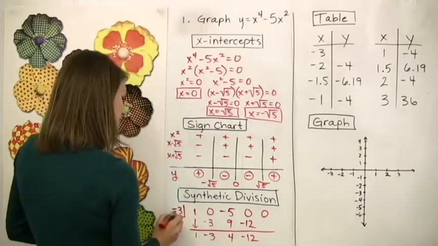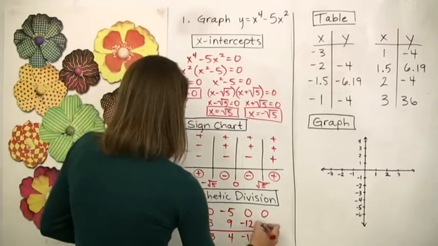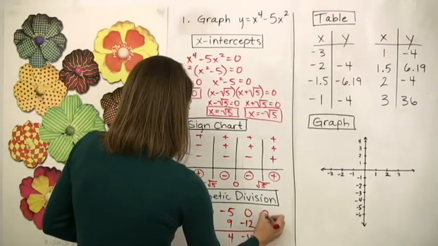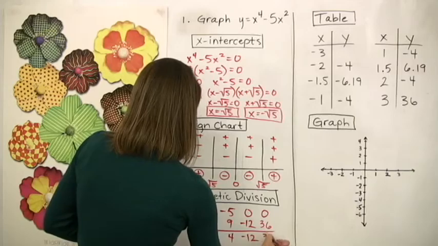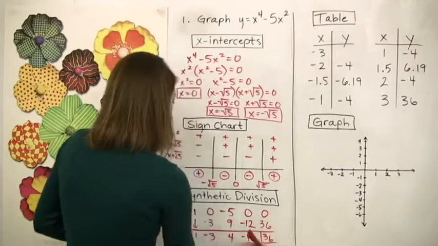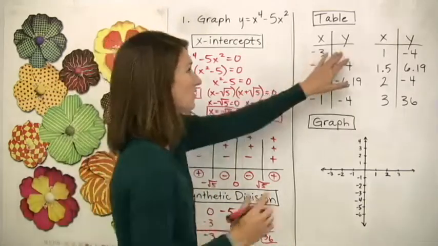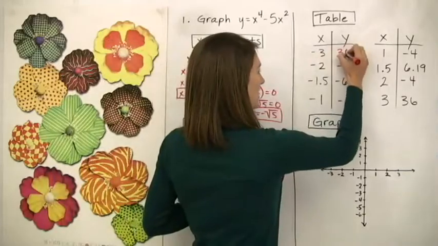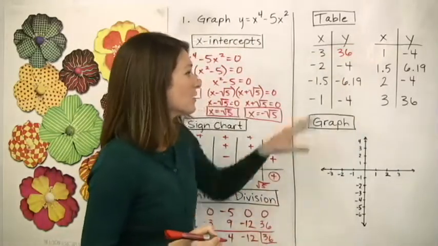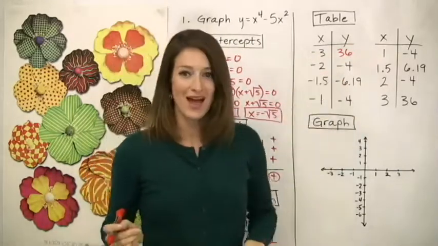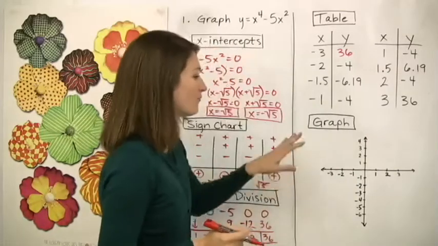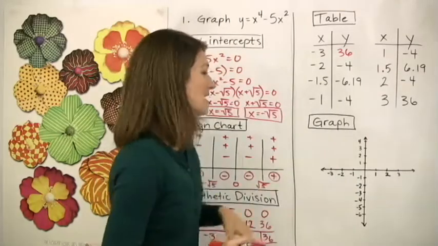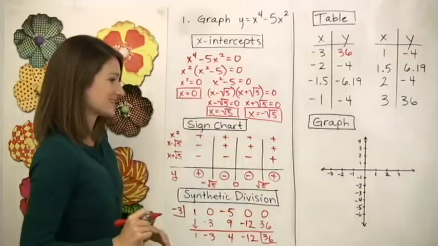Then lastly, -3 times -12 is positive 36. 0 plus 36 is 36. So that would be our remainder for that. That is our y value, and we can add that here to our table of ordered pairs. So here again we have some values for x and y that we can use to fill in the gaps of our graph in between our found x-intercepts.